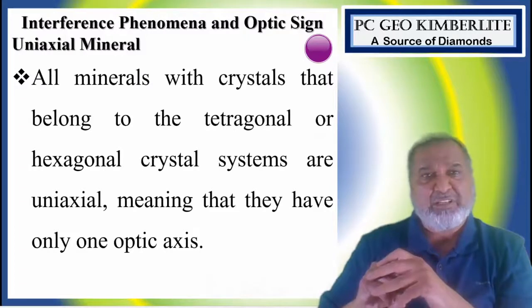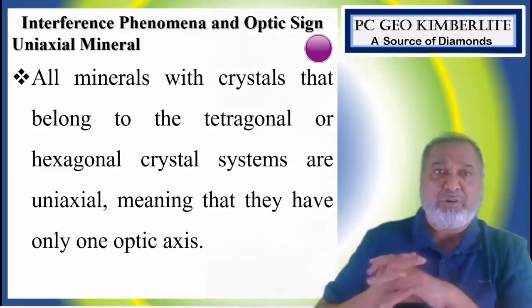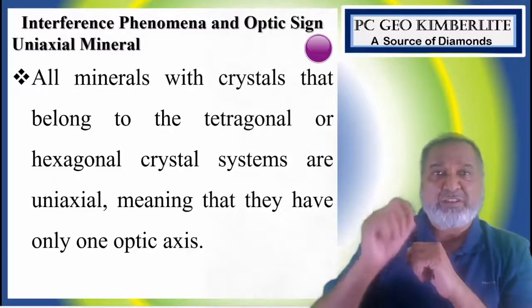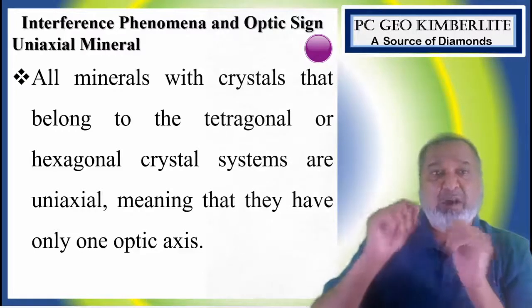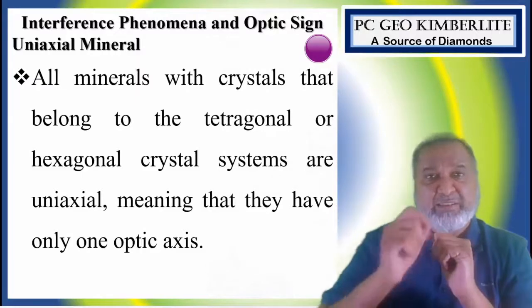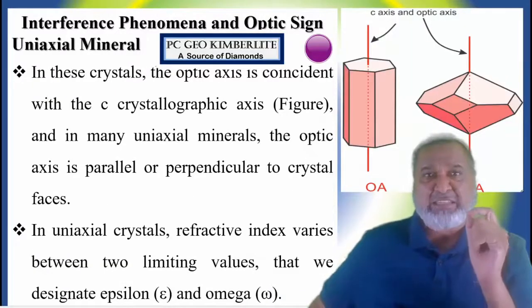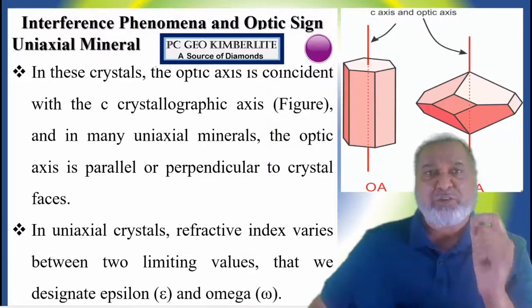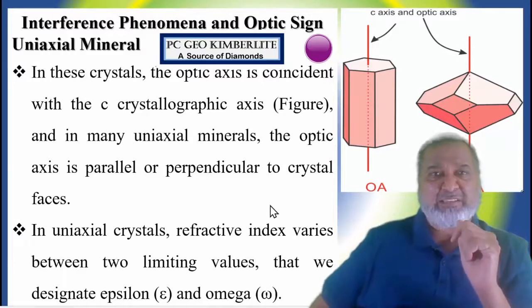Remember, this is very important: all minerals with crystals belonging to the tetragonal or hexagonal crystal system are uniaxial, meaning they have only one optic axis. In these crystals, the optic axis is coincident with the c crystallographic axis, and is parallel or perpendicular to the crystal faces.